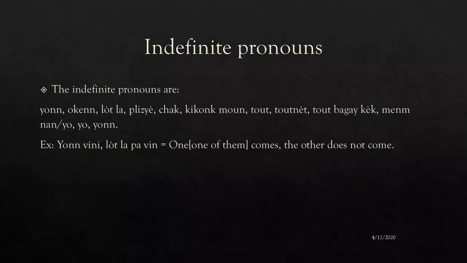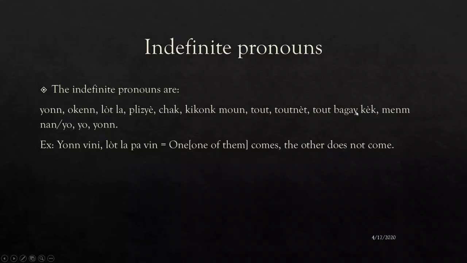Okay. So look, for instance, you have yon. In French, it's un, aucun, but we have aucun, aucun. All right, so let's start with the French thing. Let's do Creole. Yon, aucun, l'autre là, plaisir, chaque, qui donc, quiconque moun, tout, tout net, tout bagaille, cake.